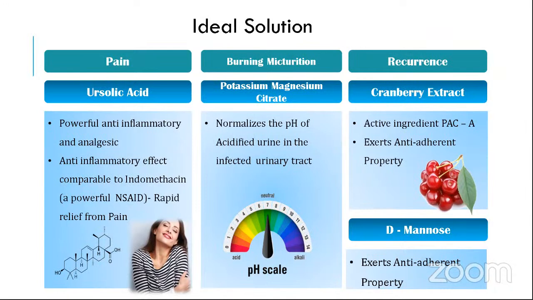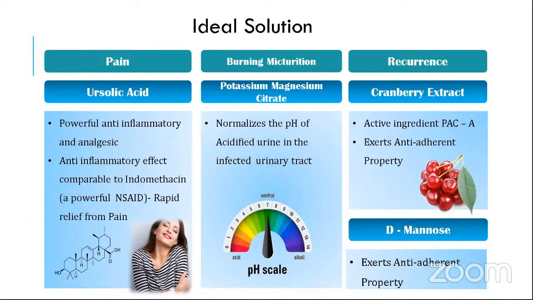Burning micturition can be relieved by neutralizing the pH of the acidified urine. Acidic urine is made alkaline. This is mainly done by potassium citrate, alkalizers.